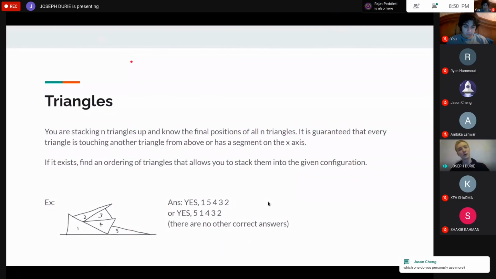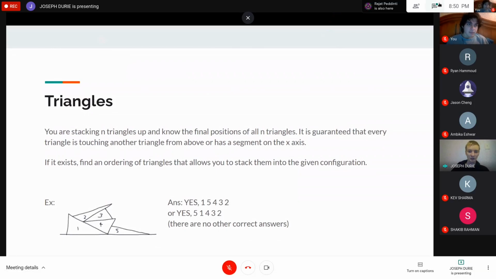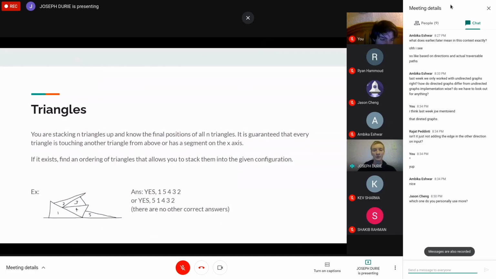All right, so the first problem is triangles. You are basically stacking up n triangles, and you know the final positions. You can think about it as dropping them in from the top, and you know where all of them land at the end.